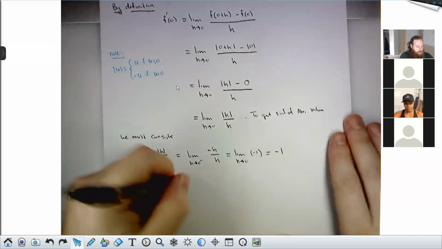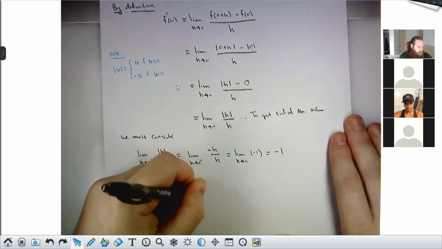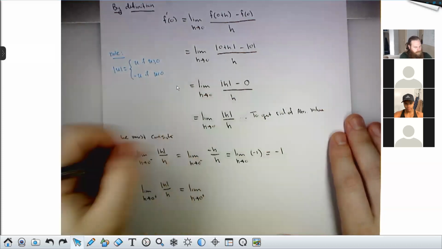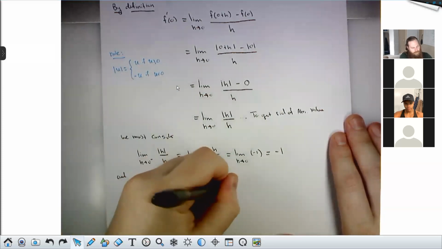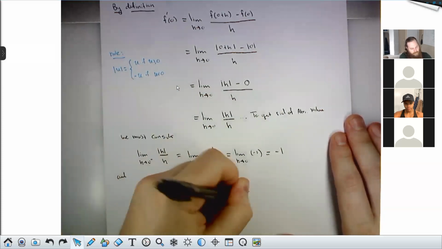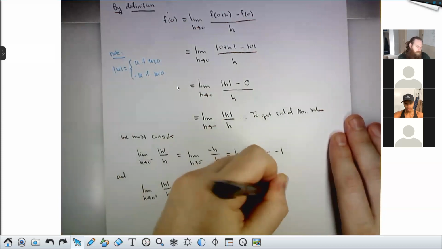On the other hand, if you're sending h to 0 from the right, then the absolute value of h is just h itself. And the h's cancel, and you get the limit as h goes to 0 of the constant function 1, which is 1.